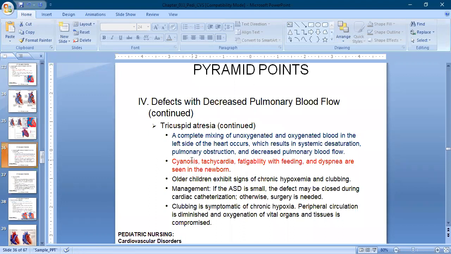Signs and symptoms: cyanosis, tachycardia, fatigability, dyspnea, right? And management is surgical, including during cardiac catheterization.